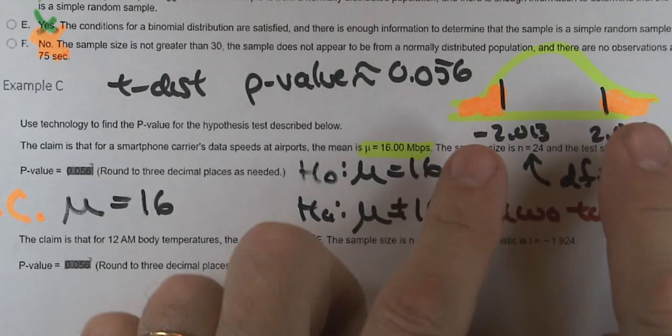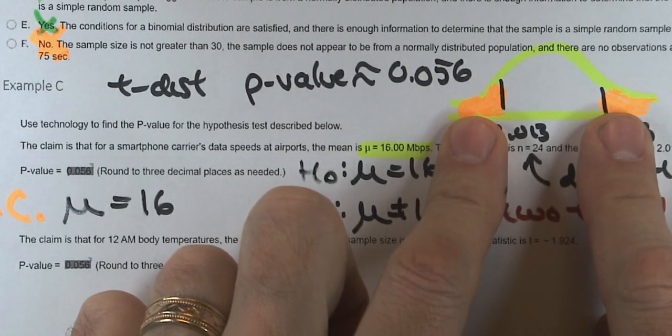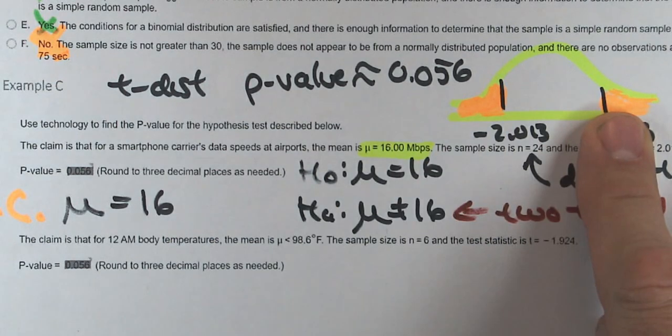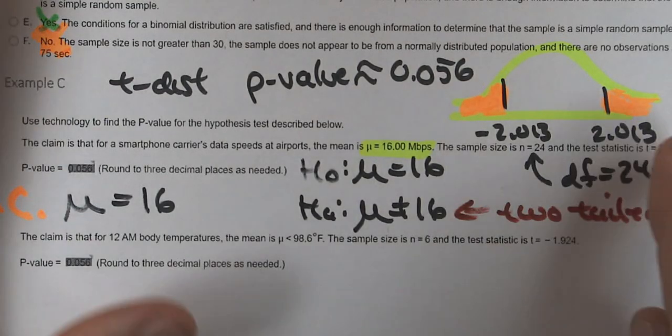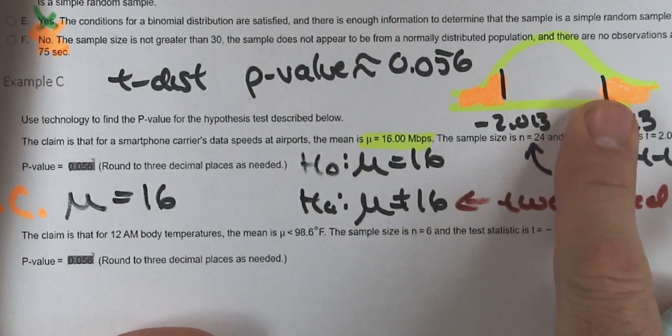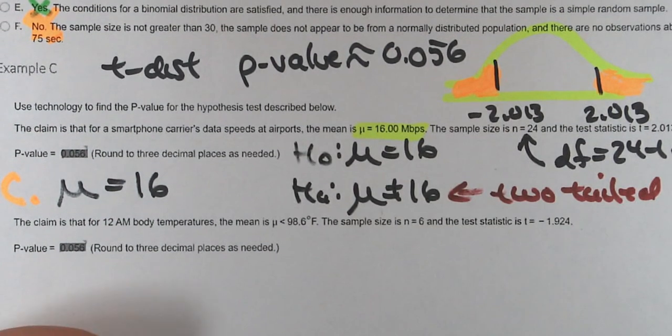If there's only a 1% chance or a 5% chance that the null hypothesis can be true, either we have observed something unusual or the null hypothesis is just really not true. Either way, we're going to reject it. Hopefully it's the latter case and we're not wrong, but that's where our decision is going to be made.